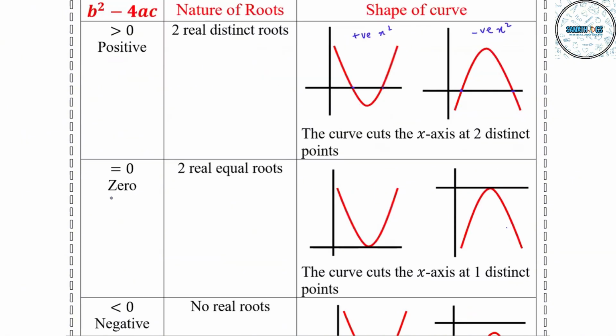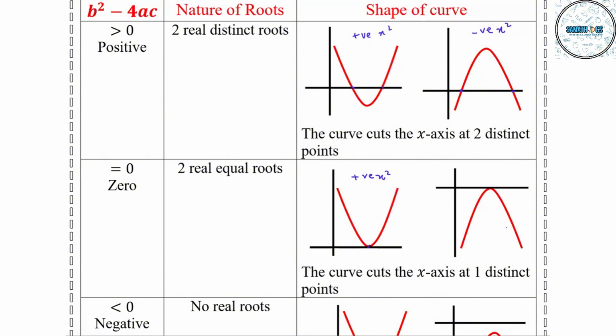If b squared minus 4ac is equal to 0, then there are two equal roots, and the curve cuts the x-axis at one distinct point. You can see here, when the coefficient of x squared is positive, the curve opens upwards and has a minimum point.